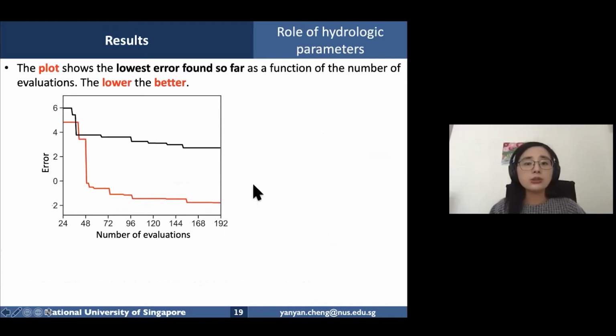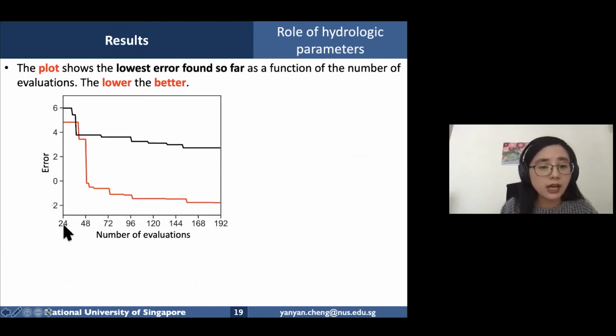And also we would like to see the efficiency of our algorithm. This graph shows the number of model evaluations on the x-axis. We are using 192 in total, and the initial 24 simulations are used as initial conditions, so I didn't include them here.